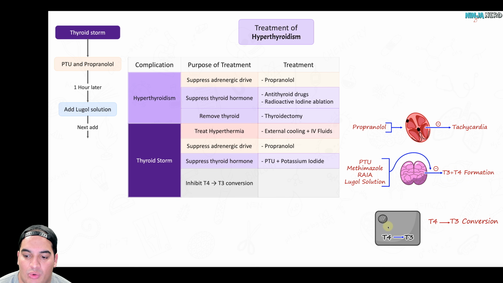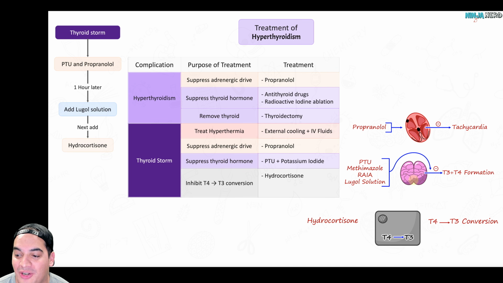When it gets to the peripheral tissues, in order to exert its physiological effect, it needs to be converted from T4 to T3. So if I shut down T3 and T4 formation with PTU and Lugol solution, and on top of that I give another drug like hydrocortisone, you know what hydrocortisone does? It suppresses T4 to T3 conversion.